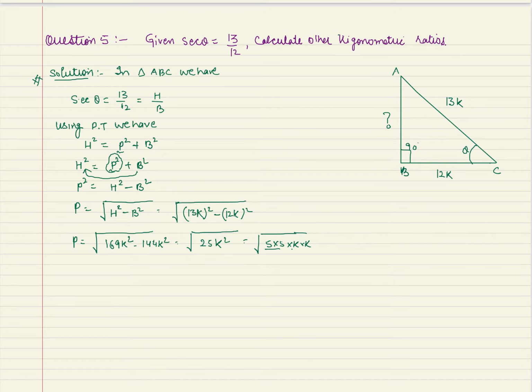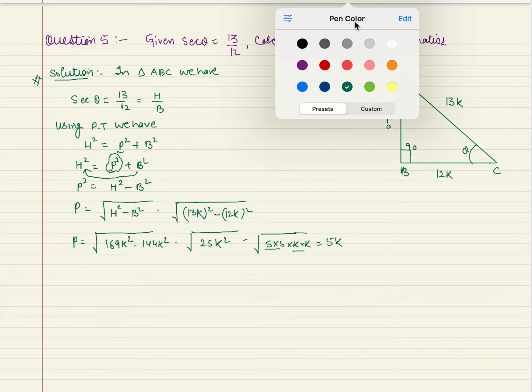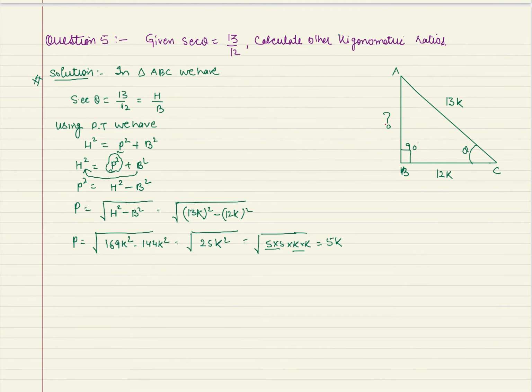You can make pairs of these and you are left with 5 times k. So this unknown part now is 5 times k.